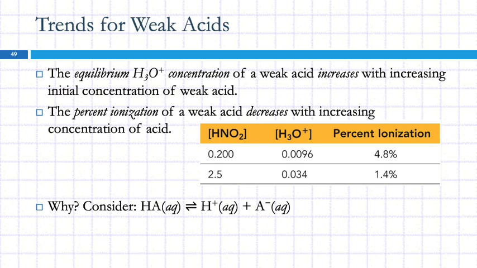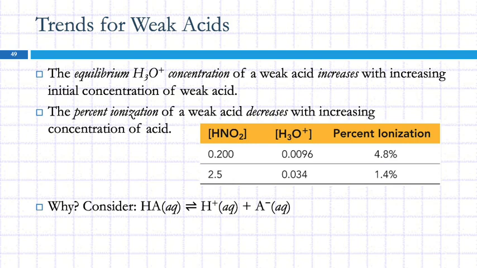Well, how does that work? Well, if we think about this equilibrium, and we think about diluting the concentration, that's going to force the equilibrium to the right because there's more moles of substance on the right.